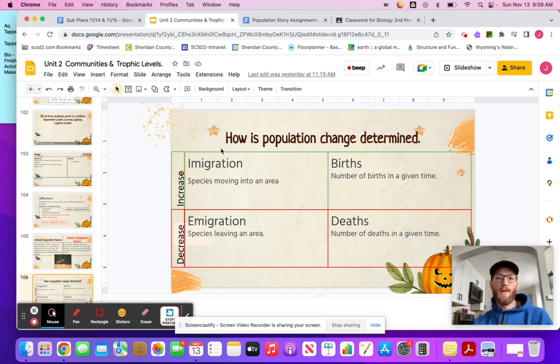So immigration, we're probably more familiar with this term. That's just species moving into an area. You might be like, what the heck, how do organisms immigrate? Well, let's take this scenario. We have a nice riparian area next to a river and we decide to build a neighborhood there.